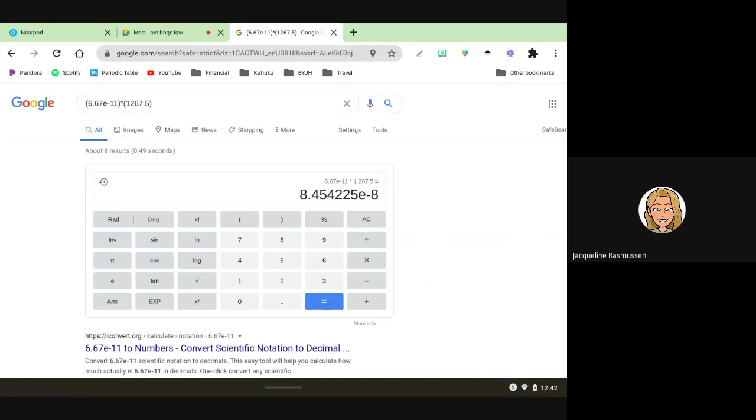Remember, the E is times 10 to the. So it's 8.454225. We're going to round to the 100th place because that's just what we've been doing this whole time. So 8.45 times 10 to the negative 8 is going to be our answer.